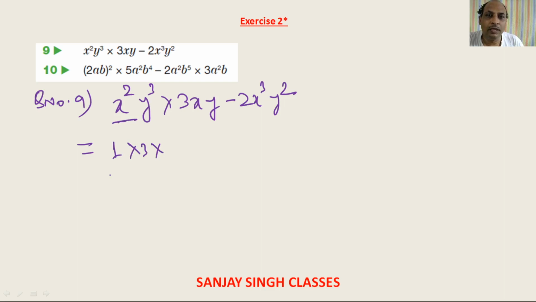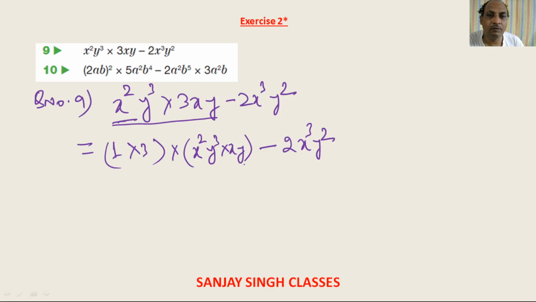Because in between subtraction has come, so this minus 2 we cannot add here. We cannot do it in multiplication. So we will be multiplying these two first. So 1 into 3 into x square y cube into xy, and minus 2x cube y square will be as it is.